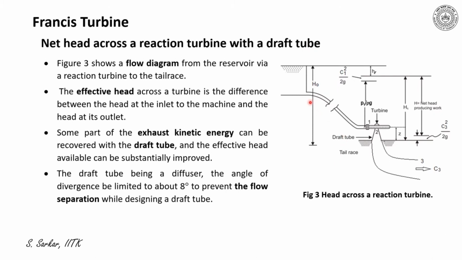What I have illustrated here, I have indicated a penstock which is connected to the turbine, and turbine in turn is connected to the draft tube. Therefore, finally water is being discharged via the draft tube that reduces the kinetic energy of water from the outlet of the turbine. Thus, draft tube is a diffuser.